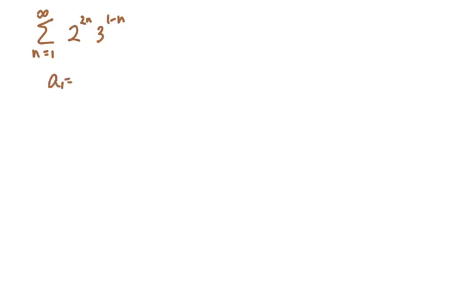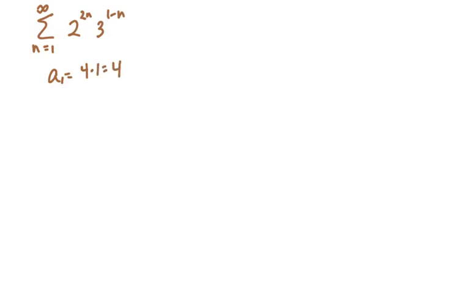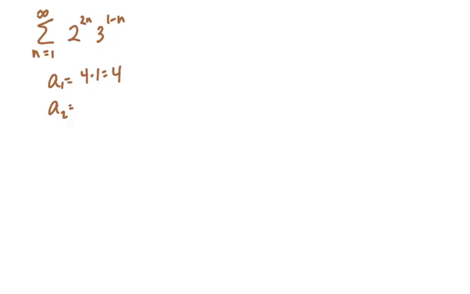So a sub 1 would be 2 squared, which is 4, times 3 to the 1 minus 1, which is 3 to the 0, so it's just 1, so we have 4. And a sub 2, so I have 2 times 2 is 4, so I have 2 to the 4th times 3 to the negative 1, so we have 16 over 3.